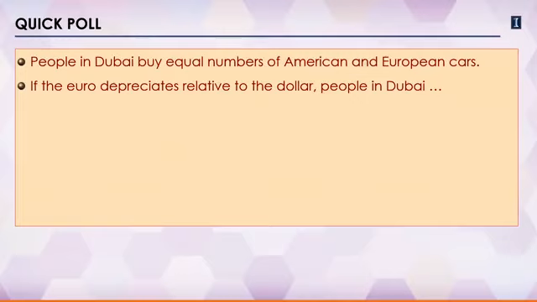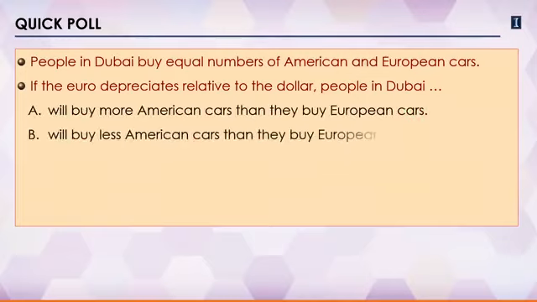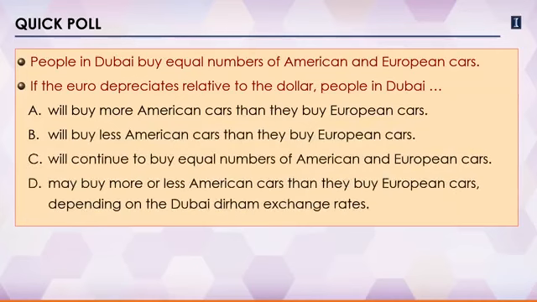We're looking at people in Dubai, for example, and we want to know whether they're going to be buying more European cars, more American cars, or equal numbers, depending on how the Dubai dirham is exchanged for the euro and for the dollar. Think about this for a moment, and let me give you the answer.